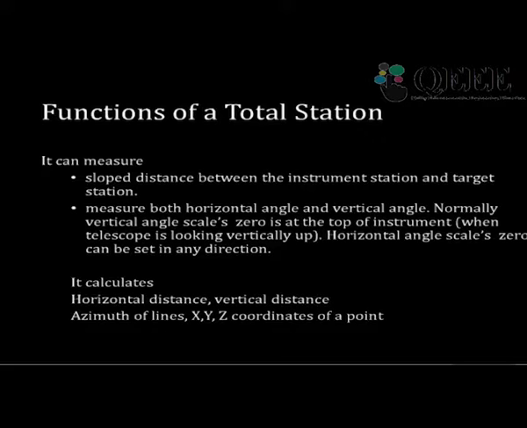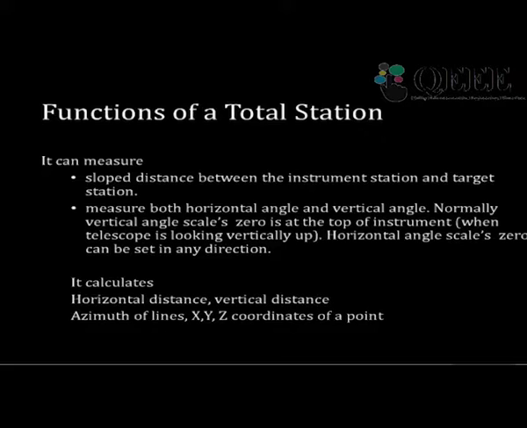Measurements mean the observations, and then the calculations. So it measures only the slope distance. Based on the measurements of the slope distance, horizontal angle and vertical angle, using trigonometric principles, we can deduce the horizontal distance and the vertical distance. You can also calculate the azimuth of a line. The azimuth of a line means the angle from the true north.